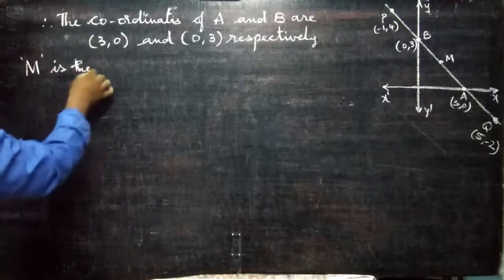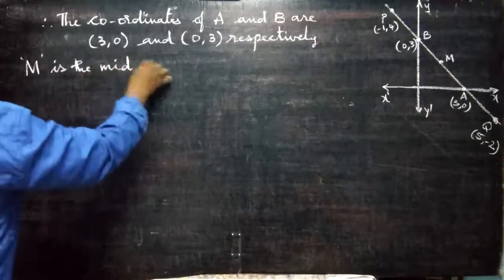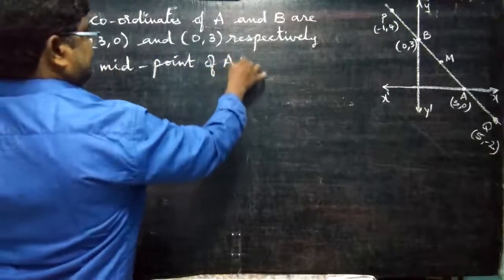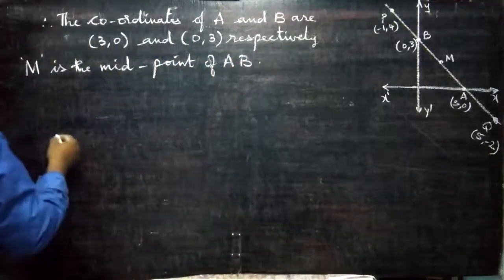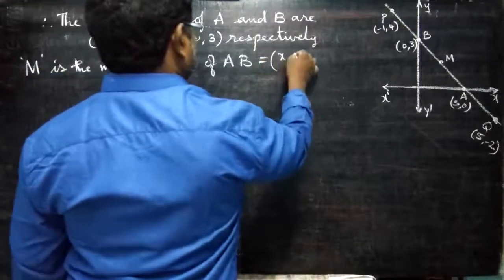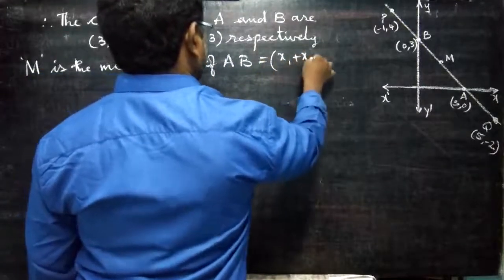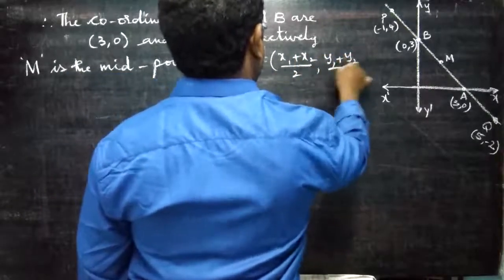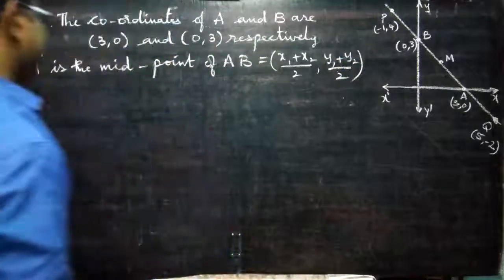M is the midpoint of AB. You know the formula for midpoint. What is the formula? (x1 plus x2) by 2 comma (y1 plus y2) by 2. Which one is x1? Which one is y1?